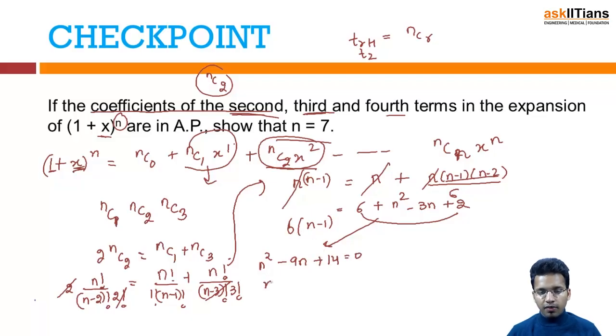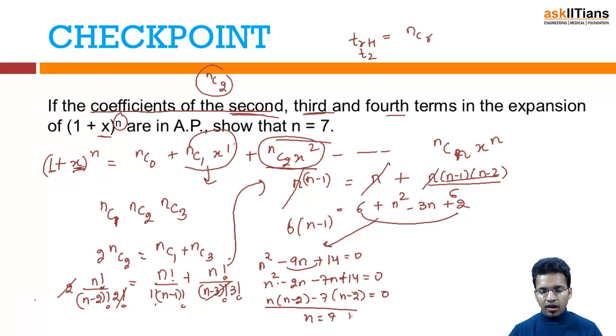So this clearly forms n squared minus 2n minus 7n plus 14, which will be equal to 0. We can do it using middle term splitting, or directly with the quadratic formula for those familiar with it. So it will be n(n minus 2) minus 7(n minus 2) equal to 0. From here you can easily get n as 7 or n as 2.